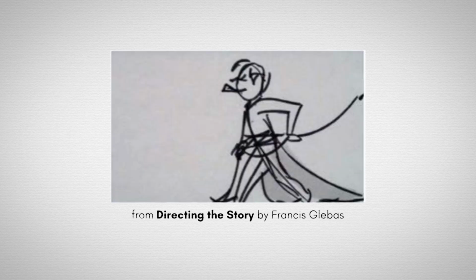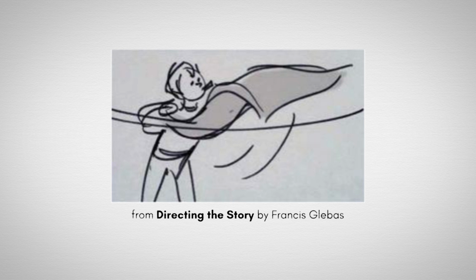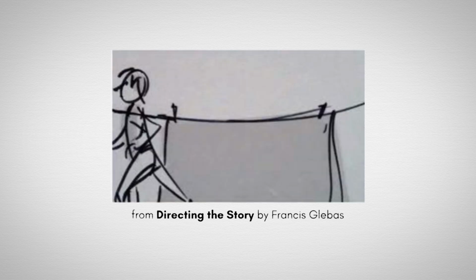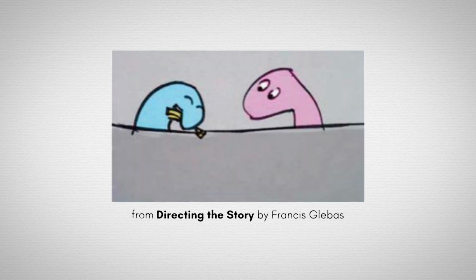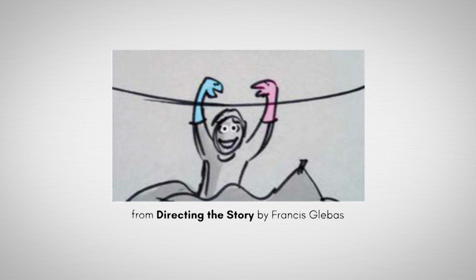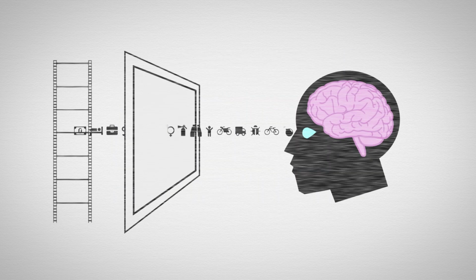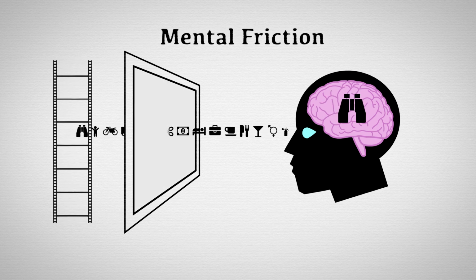In his book, Directing the Story, Disney storyboard artist Francis Glebus describes what he calls the threshold of awareness. This is the line where the audience stops thinking about the story being told and instead starts thinking about who is telling it or how it's being told. And crossing that threshold is caused by what I call mental friction.